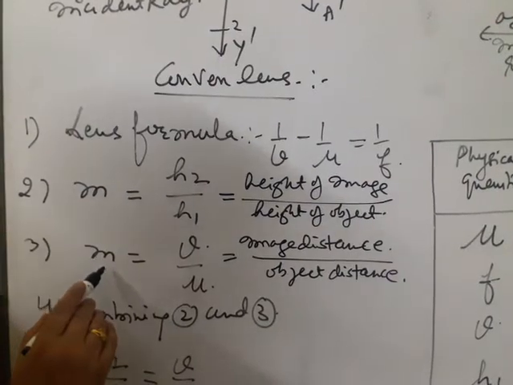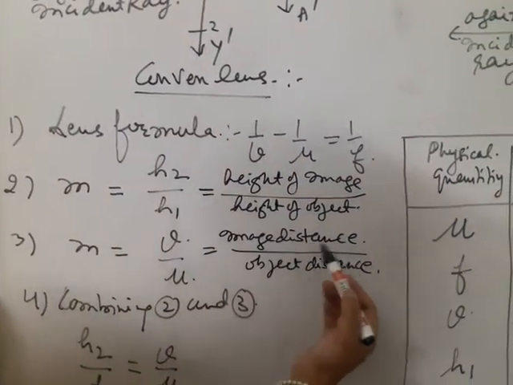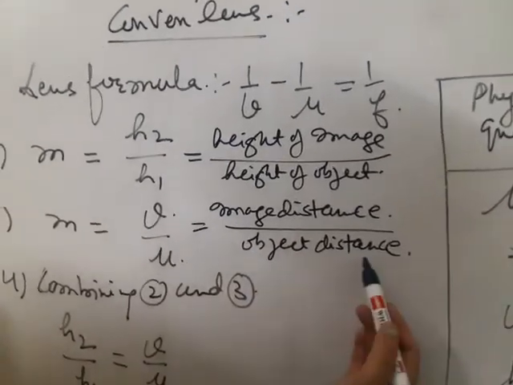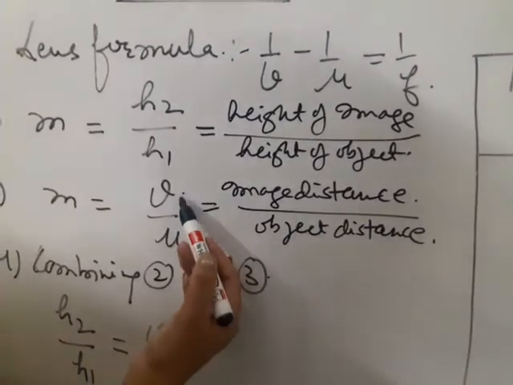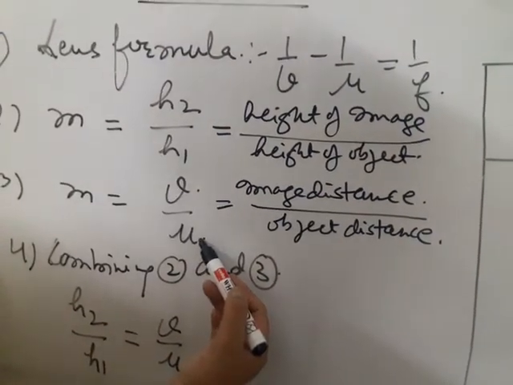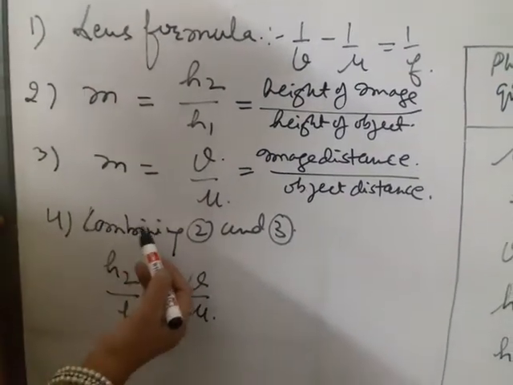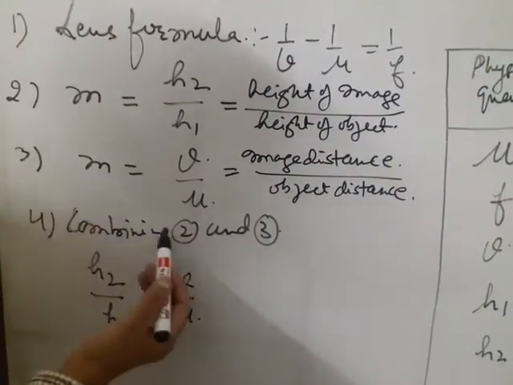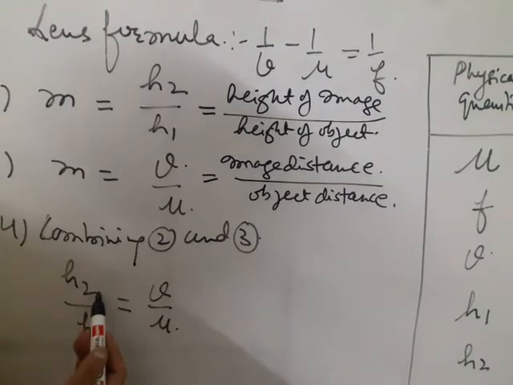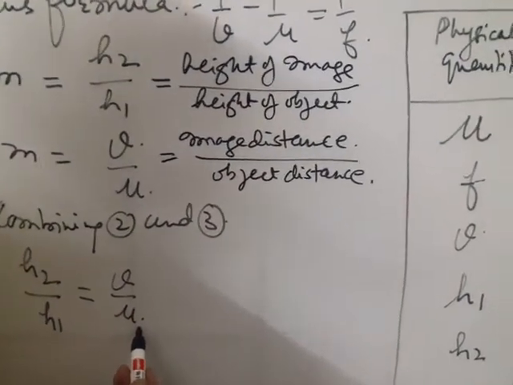Another definition for magnification of lenses is ratio of image distance to object distance, that is V upon U. Magnification is a ratio, so it does not have any unit. Combining these second and third, we will get H2 upon H1 is equal to V upon U.